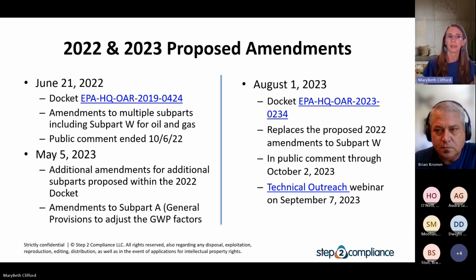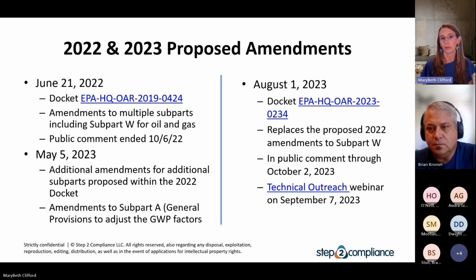So everything in the 2022 rule will still go final, with the exception of Subpart W. This is a brand new rulemaking. So any previously submitted public comments on the 2022 rule for Subpart W need to be resubmitted. Again, it is in public comment until October 2nd.